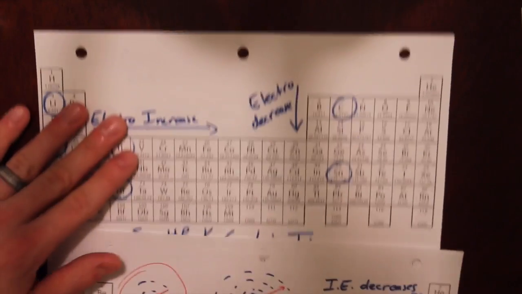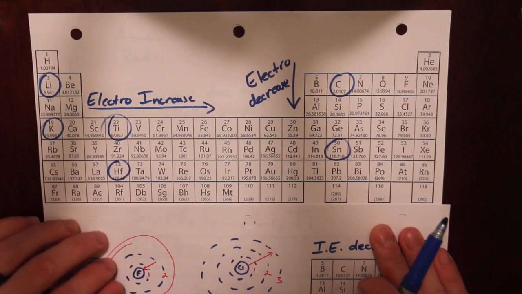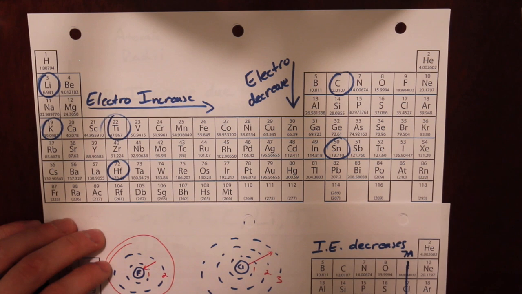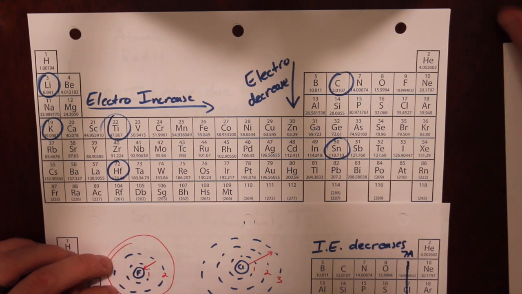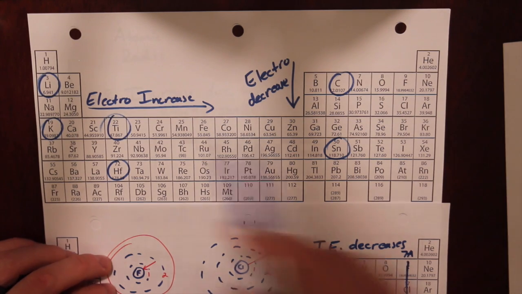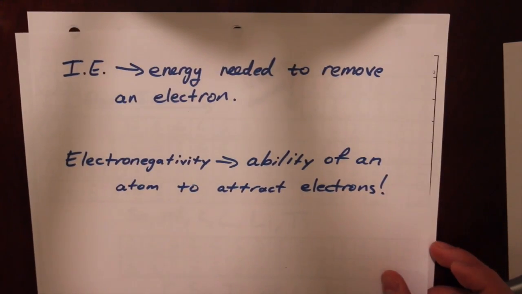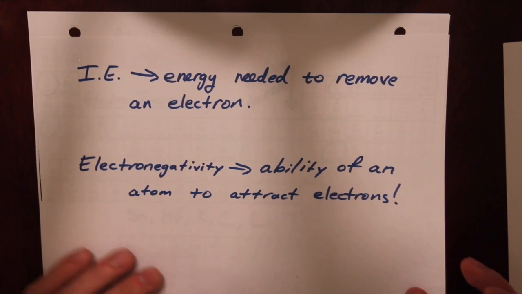Lastly, for electronegativity, it's actually going to be the same exact trend as ionization energy, where we are going to increase as we go across and decrease as we go down. Now, recall that electronegativity is the ability of an atom to attract electrons.